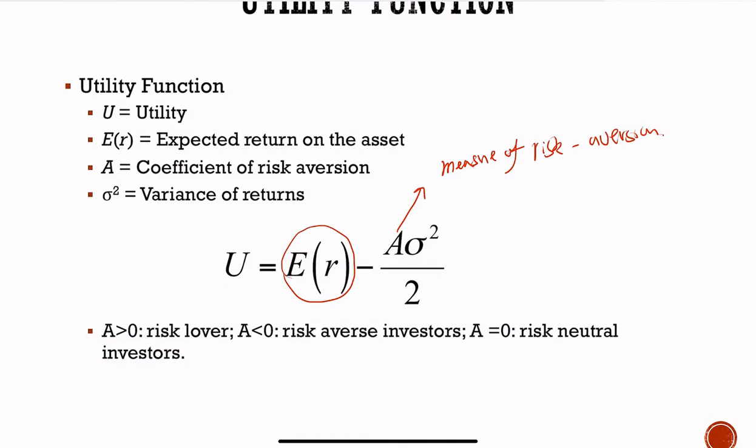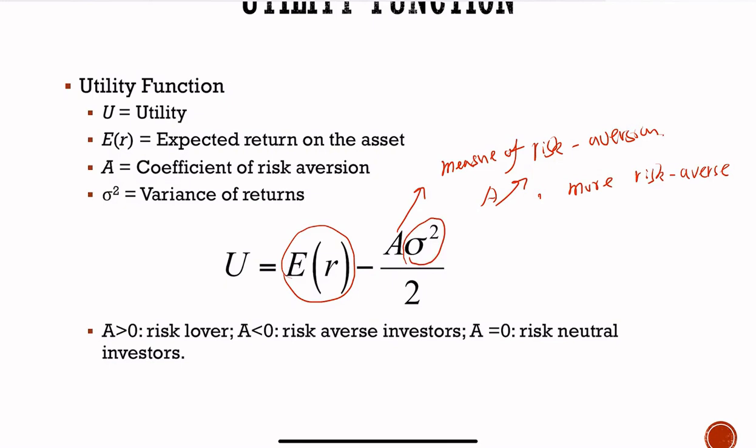So basically, if A is larger, then you're more risk averse. And sigma squared is the variance of your investment returns.